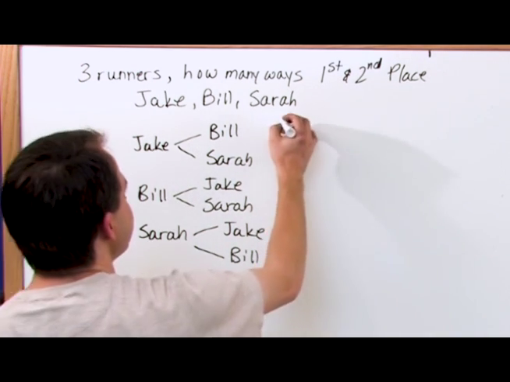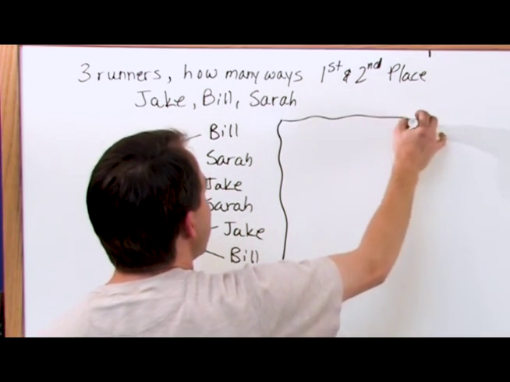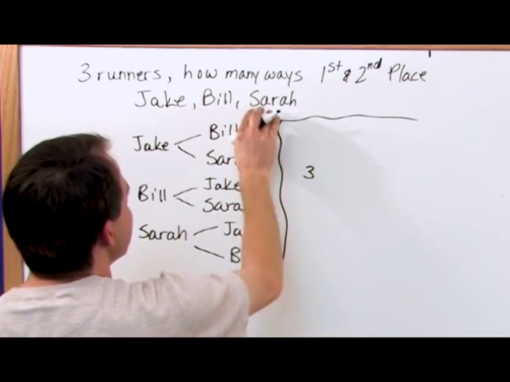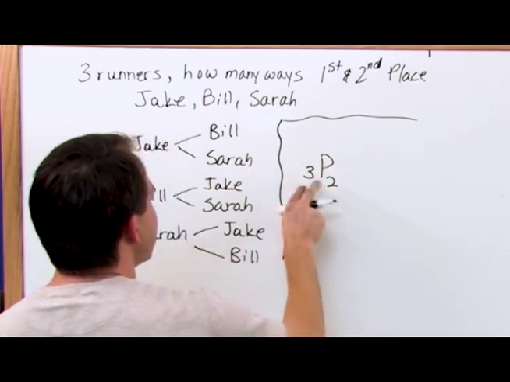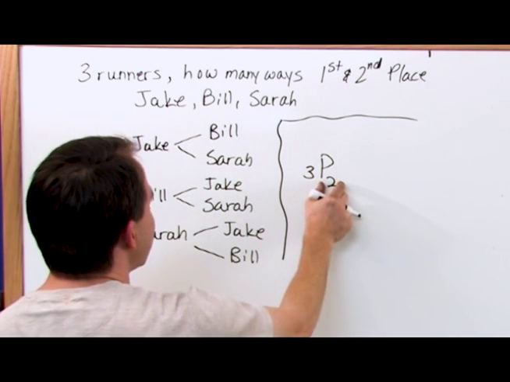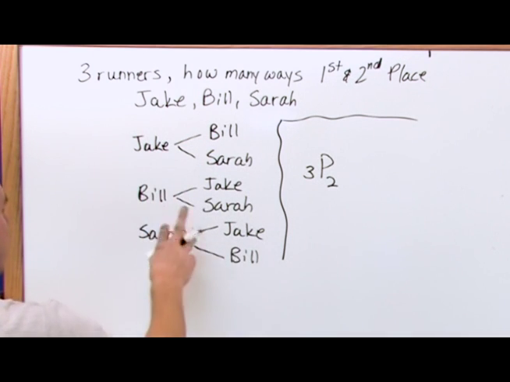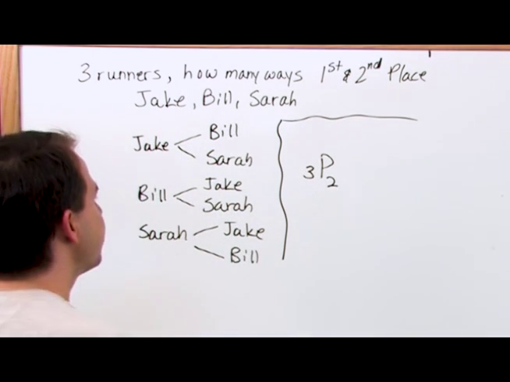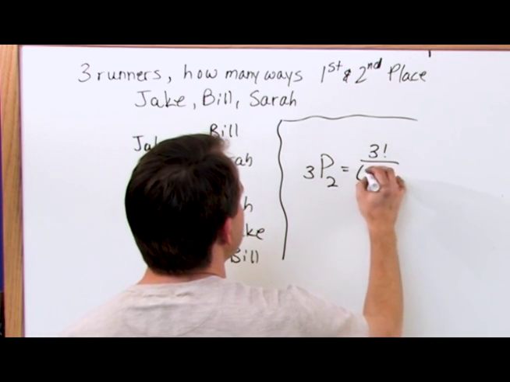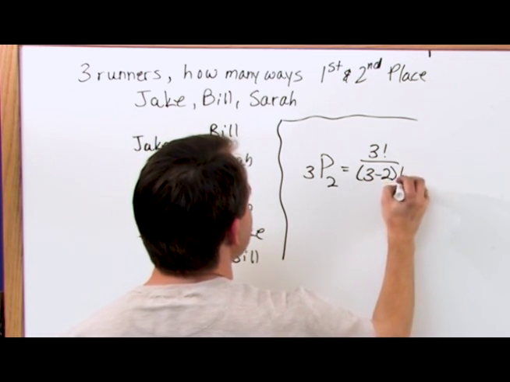And then we said in the last section that when you have problems of this type, you have, in this case, 3 elements taken 2 at a time. Because I have 3 elements, but I'm only looking at the number of ways in which 2 of them can be ordered where the order does matter. And we said that was 3 factorial over 3 minus 2 factorial.